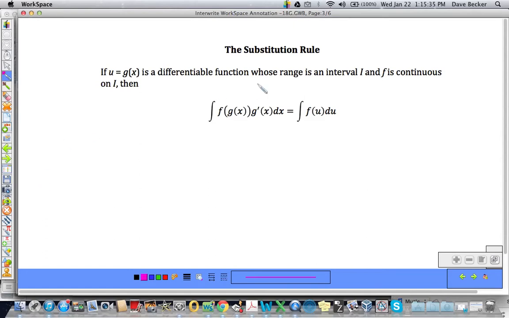All right. The rule that we just used, the substitution rule, formally states: if I let u equal g of x, and it's a differentiable function whose range is an interval I, and f is continuous on I, we always have to put that in there, that the function is continuous, there are no holes or breaks in it, then the integral of f of g of x multiplied by the derivative of g of x dx is equal to the integral of f of u du.